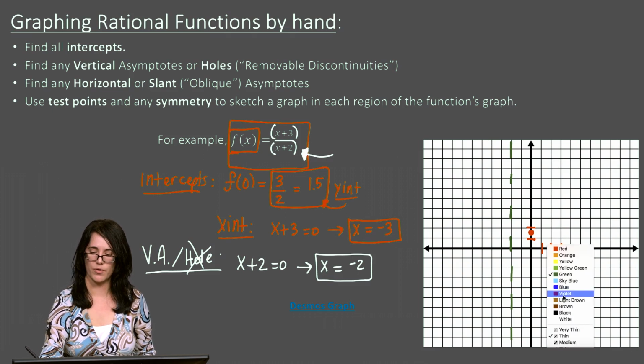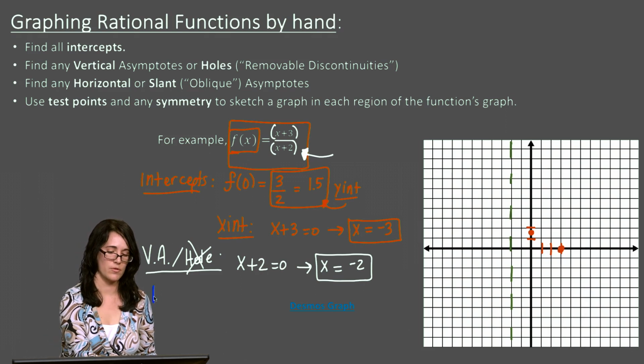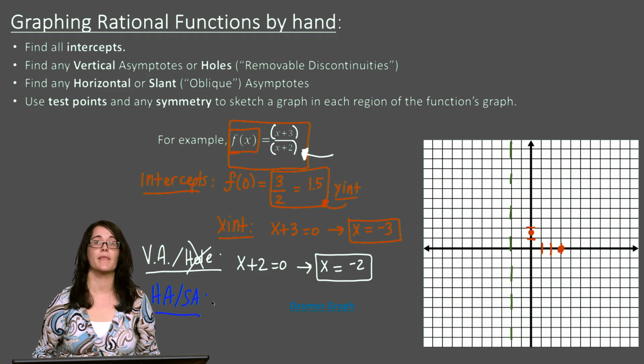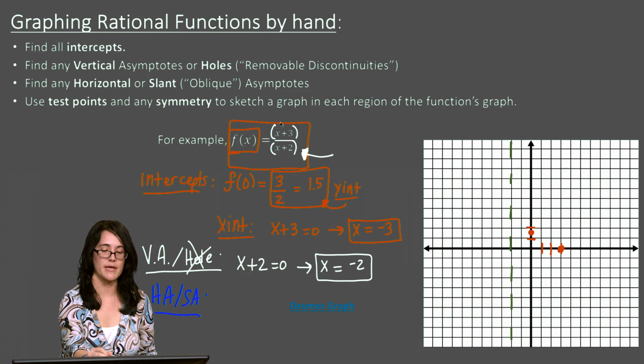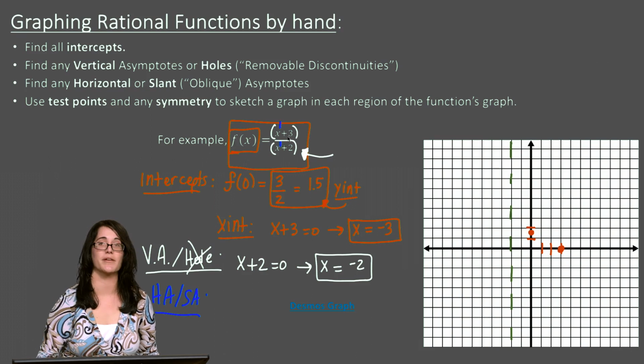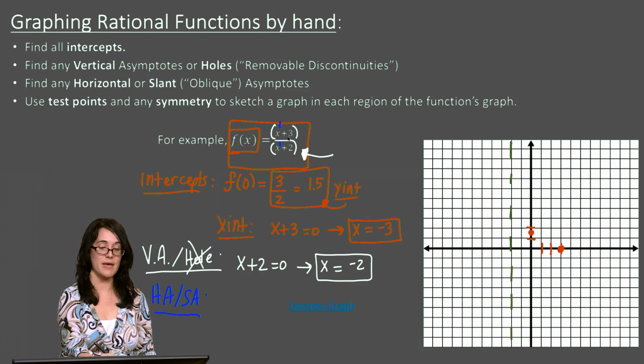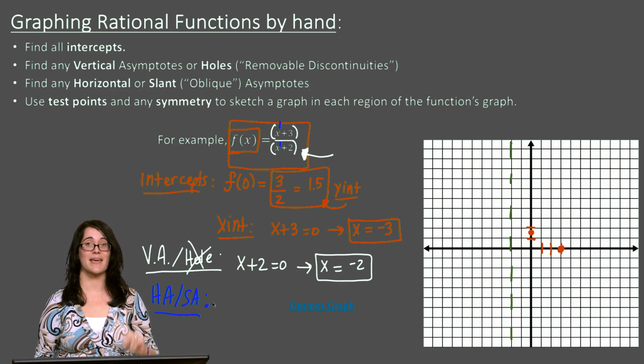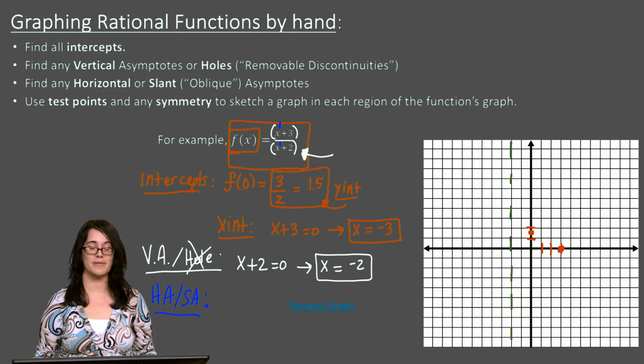Okay, what about our horizontal or slant asymptotes? How do we talk about those? Well, that was when we compared the degrees, right? Here the degree of our numerator is a 1, and the same is true for our denominator. So when the degrees were the same, that was actually the second case in our three-step potential situation with horizontal asymptote check.